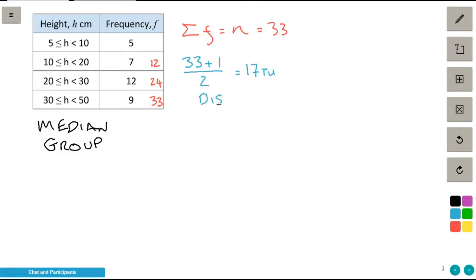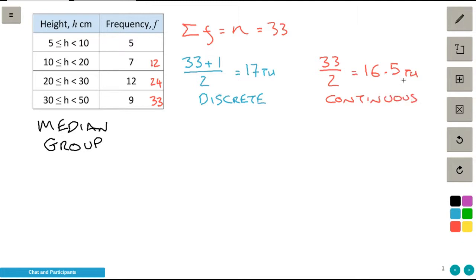But that's specifically for discrete data that we need to make the adjustment, that +1 there, in order to find the proper middle position. When we're talking continuous data, which is what we've got going on in here, it's a little bit simpler. We just do the 33 divided by 2, which in this case, of course, is going to be 16.5, the 16.5th position. That's for continuous data.